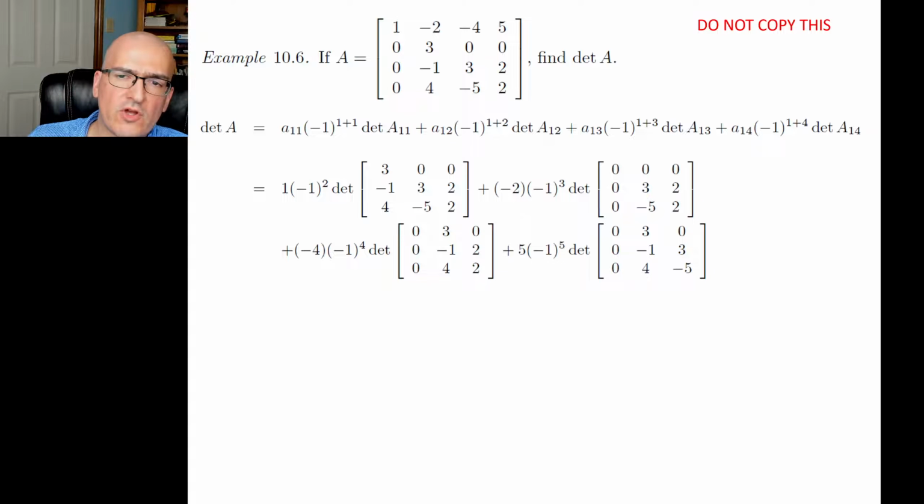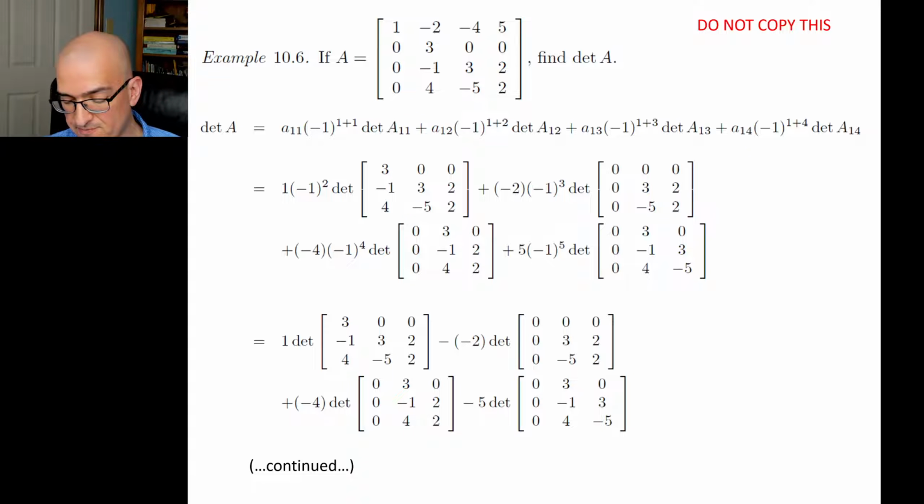Now, we could use the secret method to calculate the determinant of each of those 3x3 matrices. We're supposed to pretend we don't know that. So what we would do is we would use cofactor expansion. We would expand the determinant of the 3x3 into a bunch of 2x2 determinants using that same cofactor method.